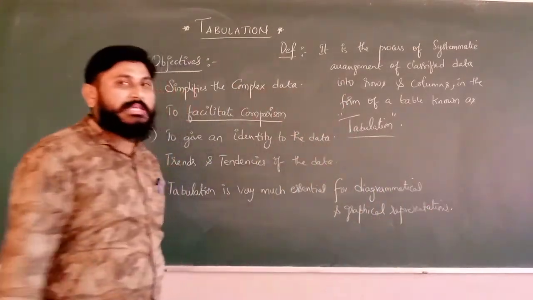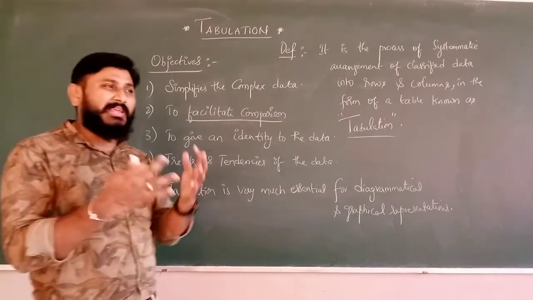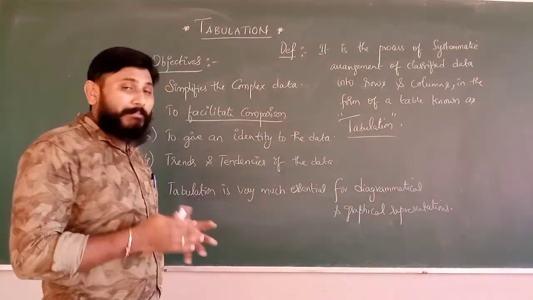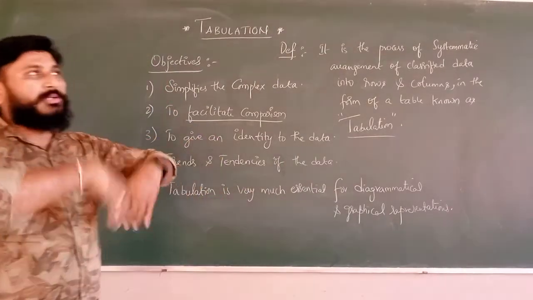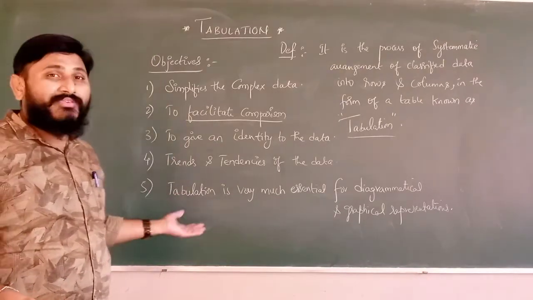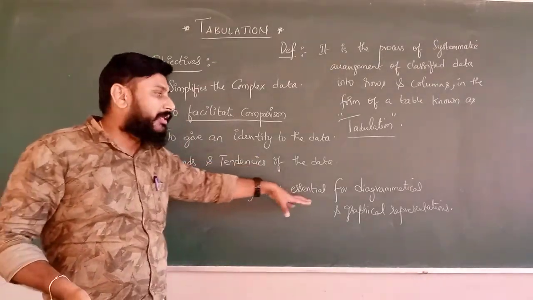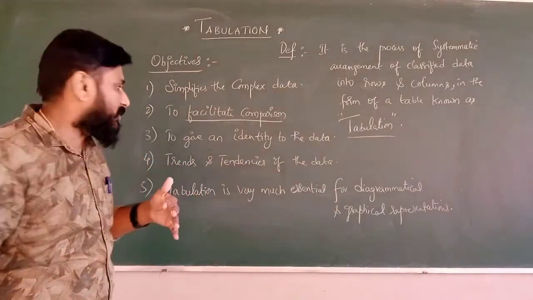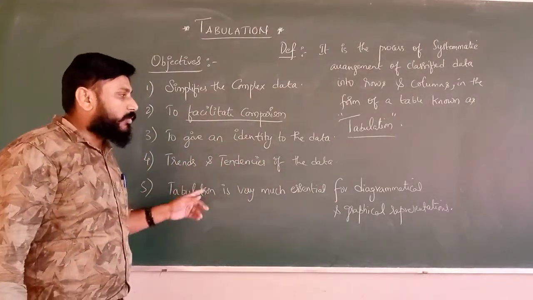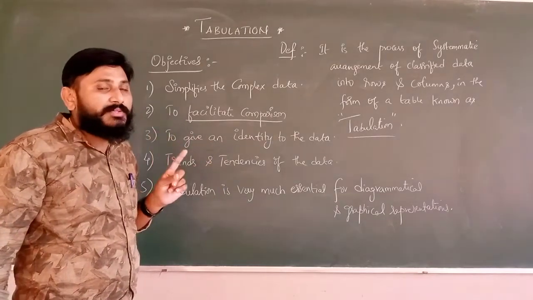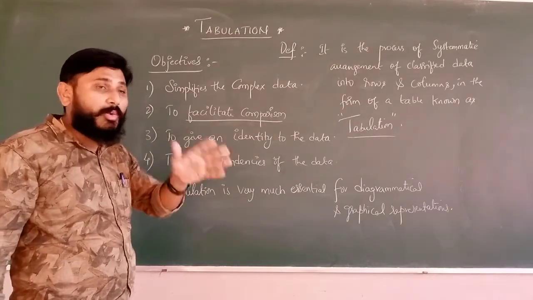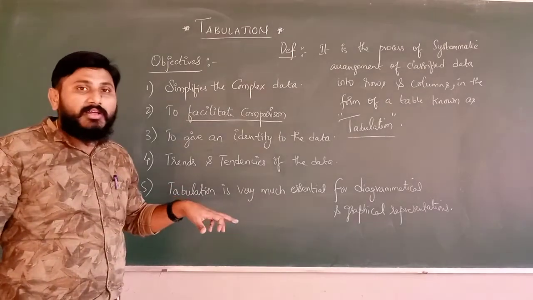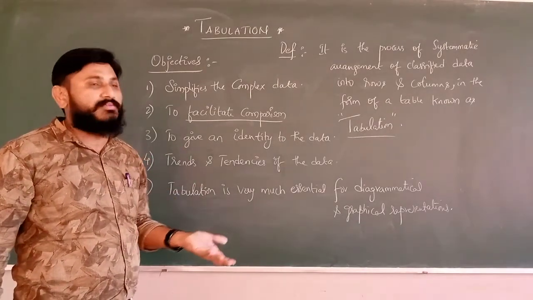Just now I gave you one example. Any conference meetings or any public sector meetings, for comparison's sake, raw data cannot be shown in a diagram, right? The classified tabulated data only will be shown in the form of diagrammatical and graphical representations. Remember this. So diagrammatical and graphical representations very much require the tabulated data.